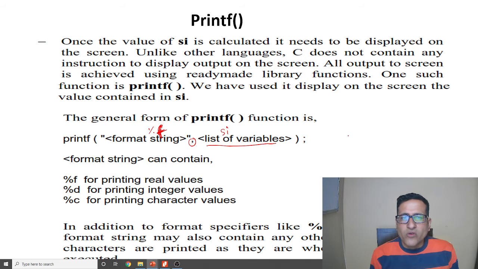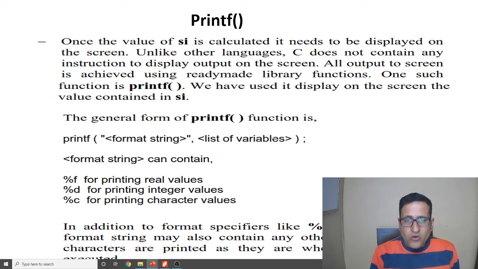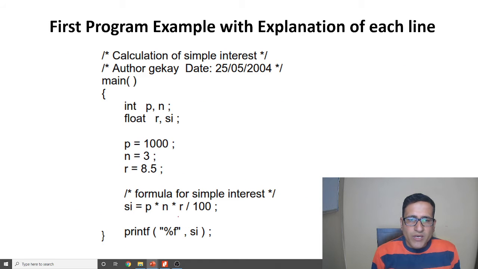In short we have to write printf %f and SI. It will print the value of the simple interest which is calculated through the formula. Now you can see it in the program. Here it is.